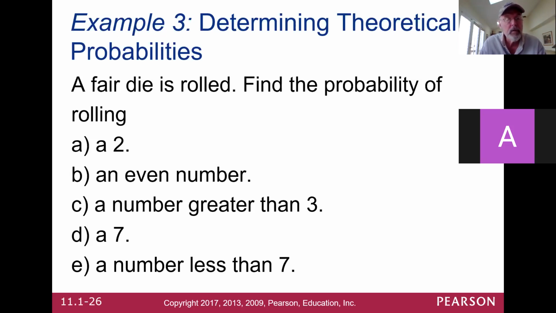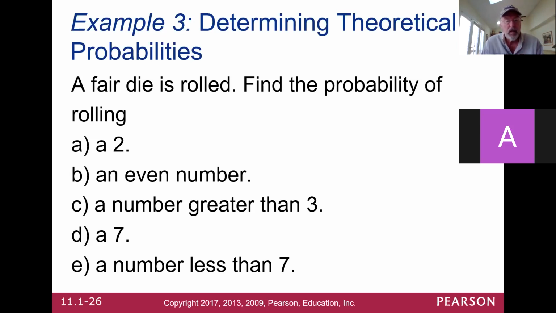So what is the probability of rolling a 2? What is the probability of rolling an even number? How about a number that's greater than 3? What do you think about a number of 7?